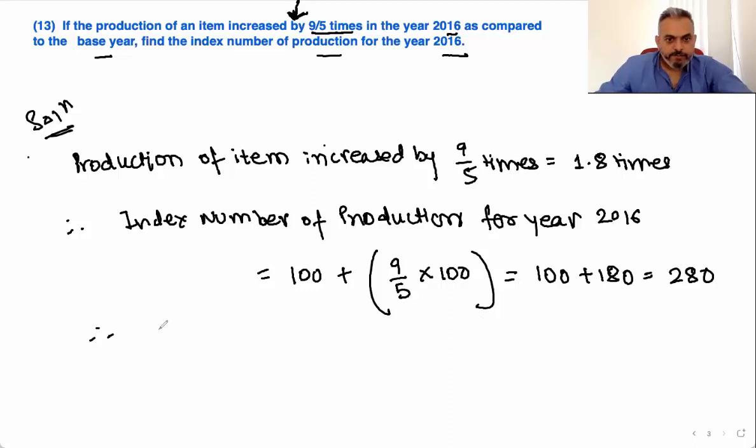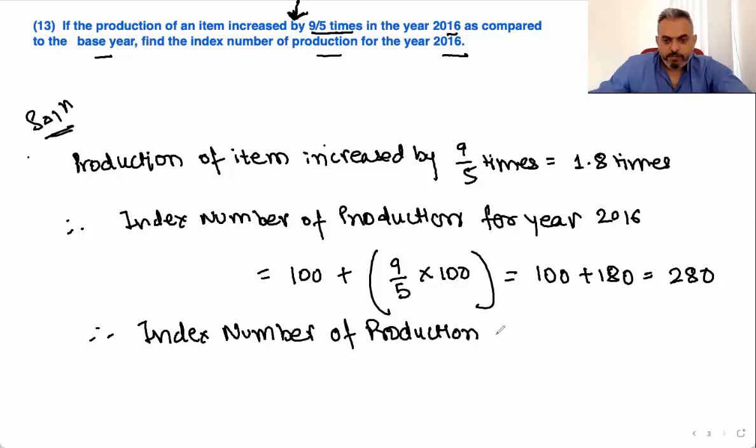Therefore, index number of production for 2016 is equal to 280.